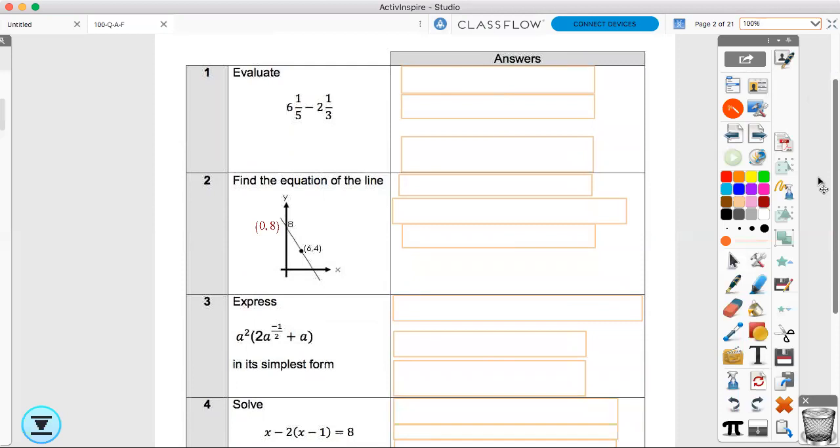Okay, so if you're asked to evaluate, for example, a mixed fraction like this, 6 1/5 minus 2 1/3, I've seen students go in two ways. Even in this class, some people would do it one way, some another way.